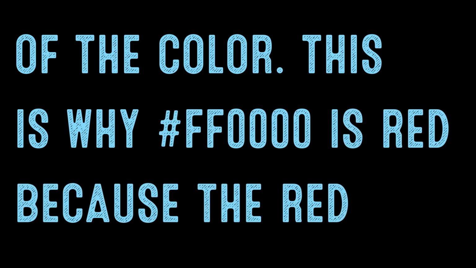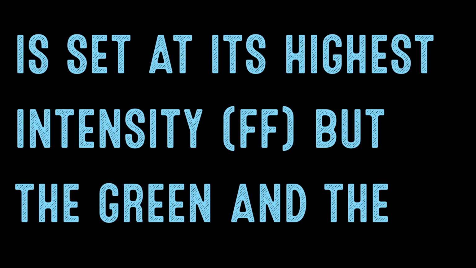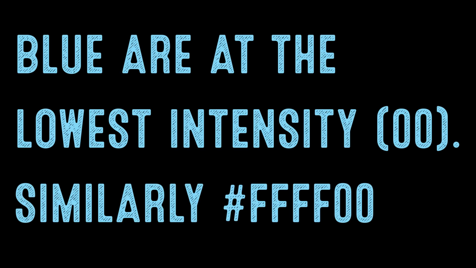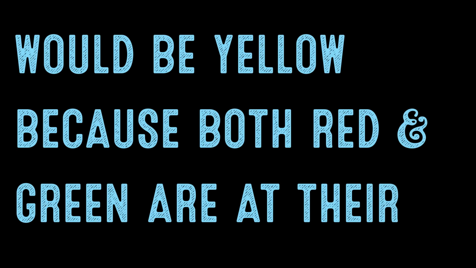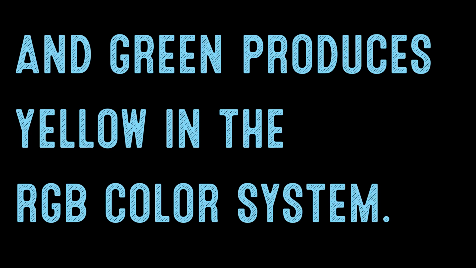This is why #FF0000 is red, because red is set at its highest intensity, FF, but green and blue are at the lowest intensity, 00. Similarly, #FFFF00 would be yellow because both the red and green are at their highest intensity, and we know that the combination of red and green produces yellow in the RGB color system.